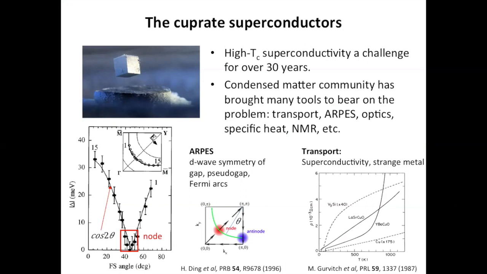Two tools that are particularly relevant for our experiments are angle-resolved photoemission spectroscopy, which in the solid state has been used to explore, for example, the d-wave symmetry of the gap, the pseudogap or Fermi arcs, and transport measurements, which again in solid state have been used to discover superconductivity in the first place, and also to probe the strange metal in the normal phase.